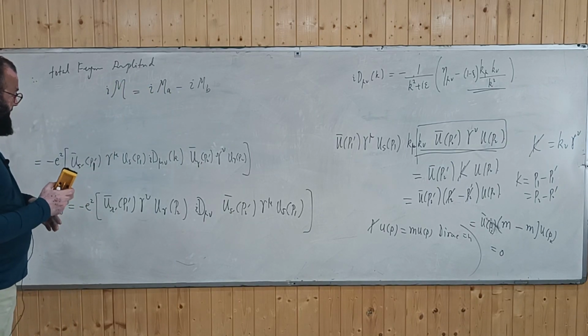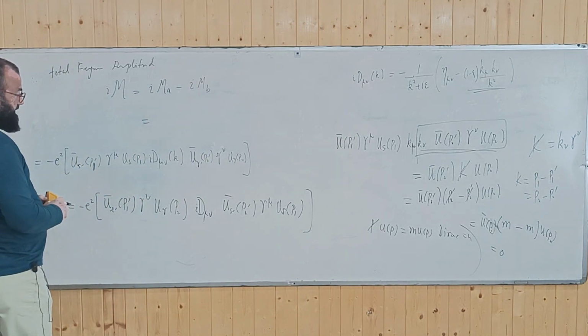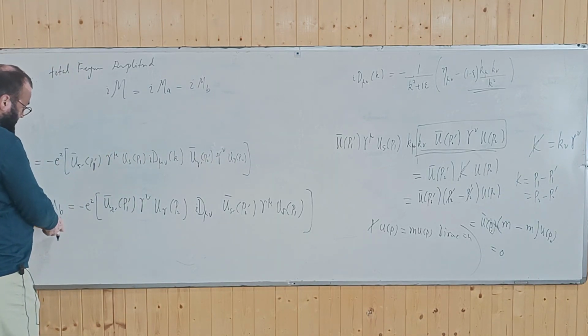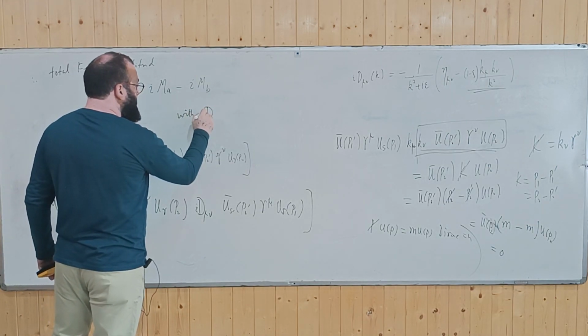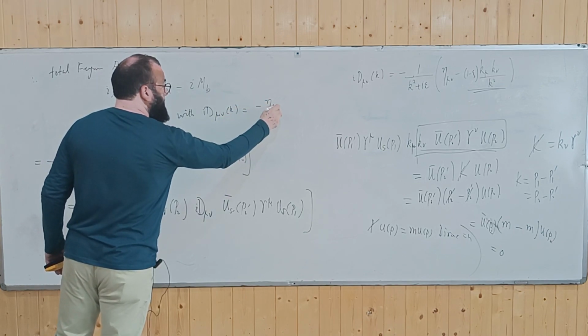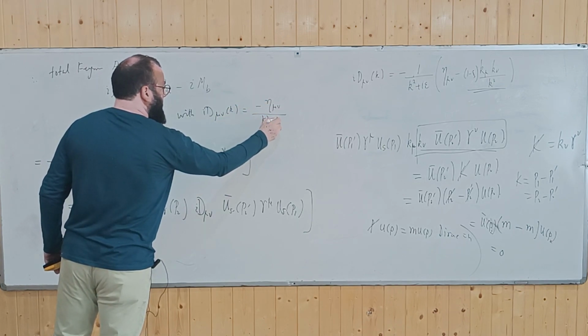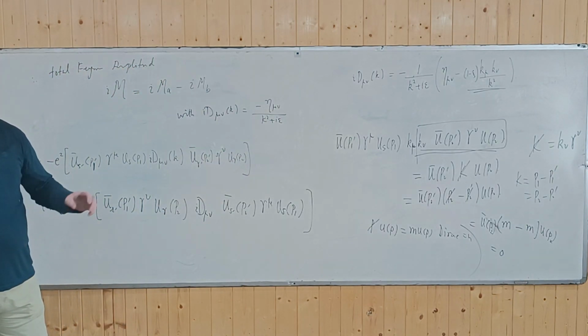Got it? Now what will that amplitude be? With this propagator i d mu nu, that is minus i eta mu nu by k square plus i epsilon. You can remove i epsilon, it will be simply k square.